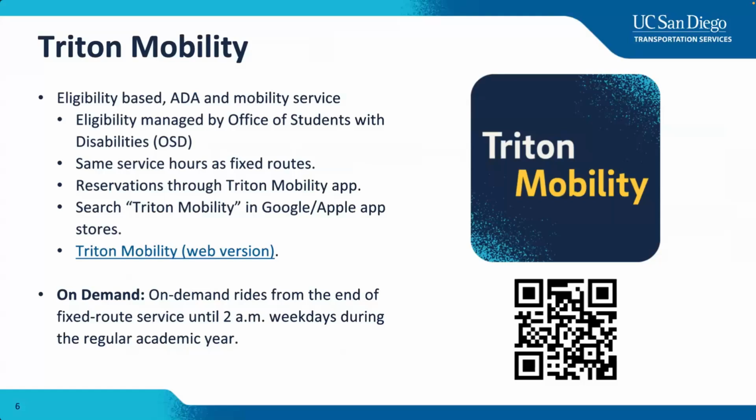And once you are eligible, you may use Triton Mobility. It's an app, and it essentially functions like Uber. It's a little bit different, since it's more based to our university, but you would be able to book same-day trips as long as it's 45 minutes in advance so that you can get from one side of the campus to the other.